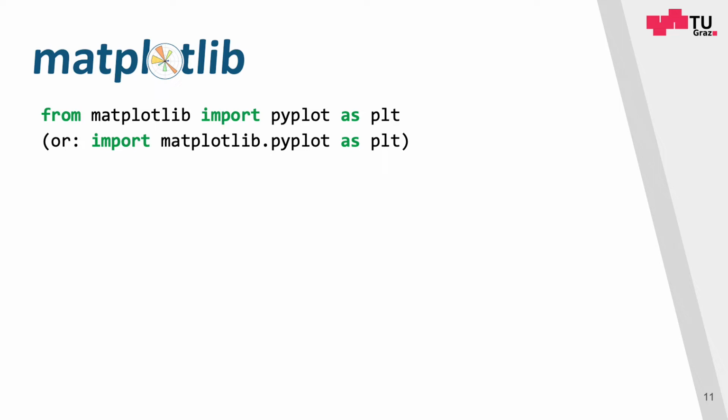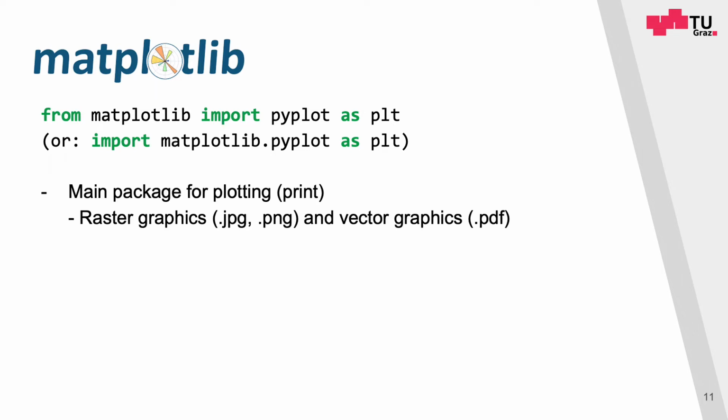So matplotlib, or this pyplot package, is the main package for plotting. And as already said previously, matplotlib is mostly used if you want to produce plots which you print out basically, or use in a PDF file, for example. You can generate raster graphics out of it, which are the typical JPEG or PNG extensions.